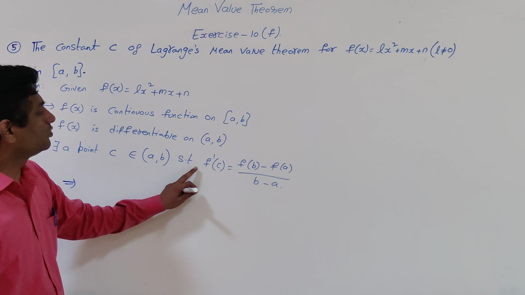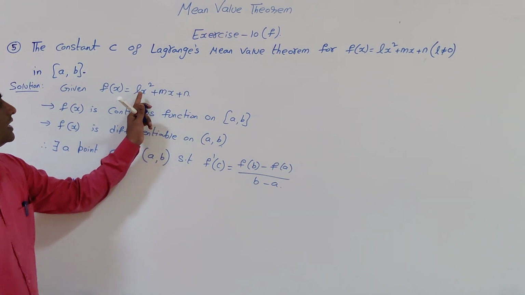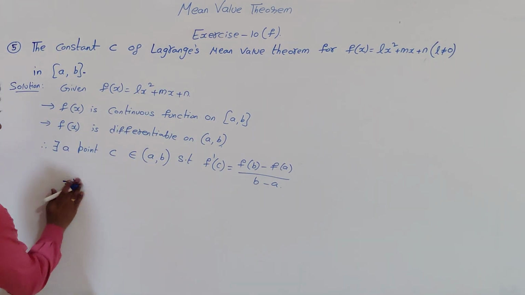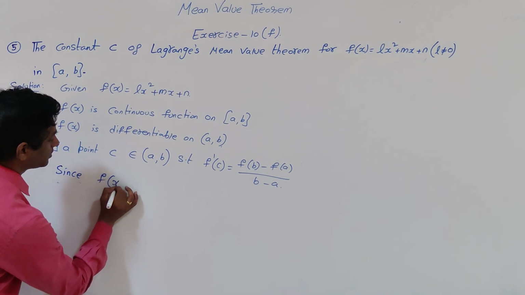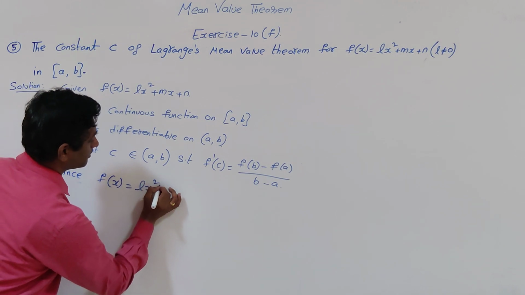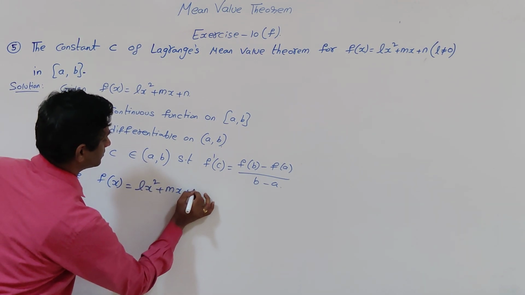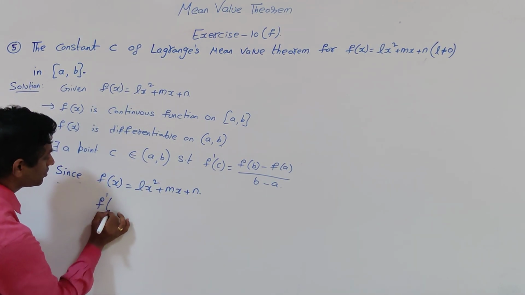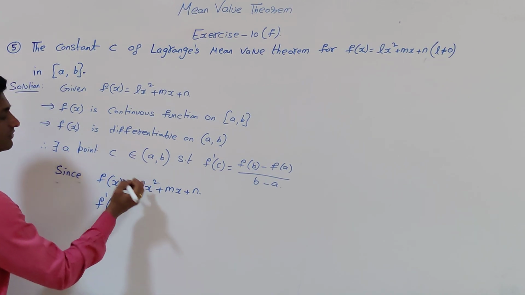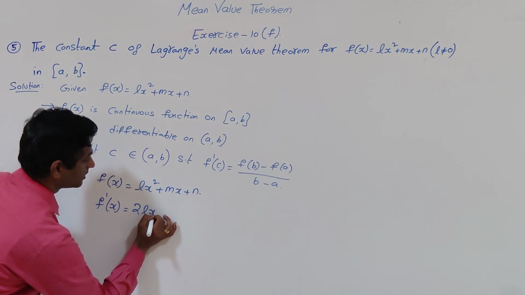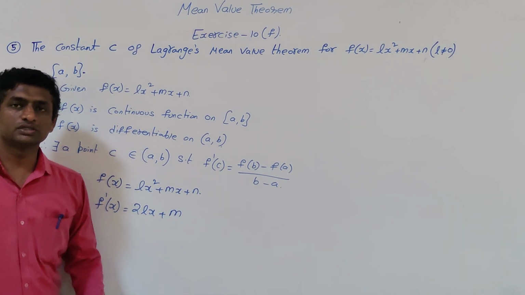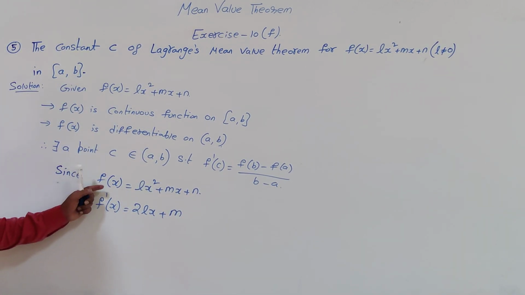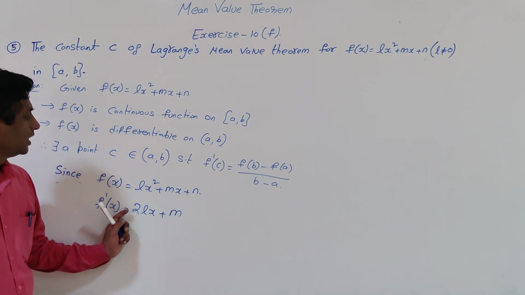what is the derivative of the function Lx square plus mx plus n? Since f of x is equal to Lx square plus mx plus n, f dash of x will be what? Derivative of Lx square is 2Lx, plus derivative of mx is m, and derivative of constant is 0. So the derivative of Lx square plus mx plus n is 2Lx plus m.